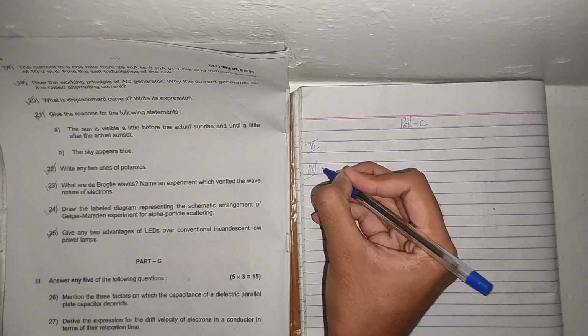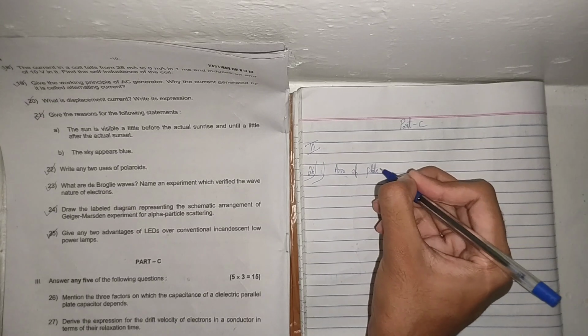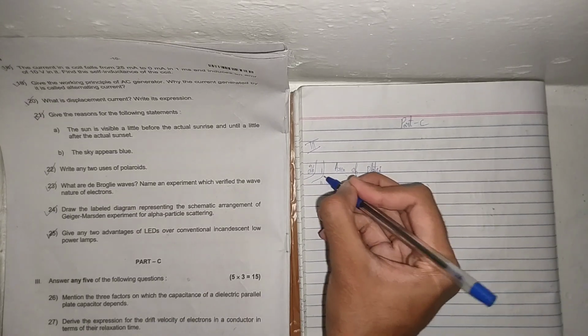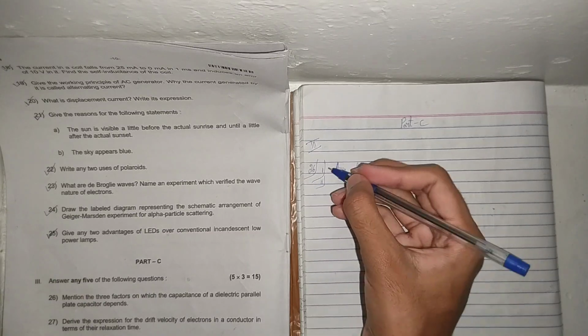So the first factor is the area of the plates. The second factor on which it depends is the distance between the plates.